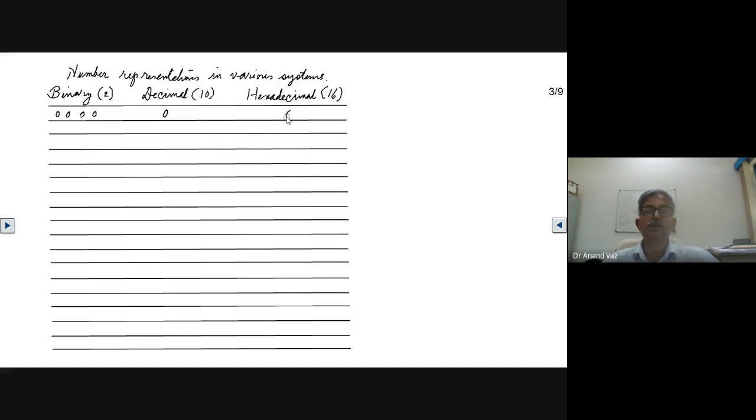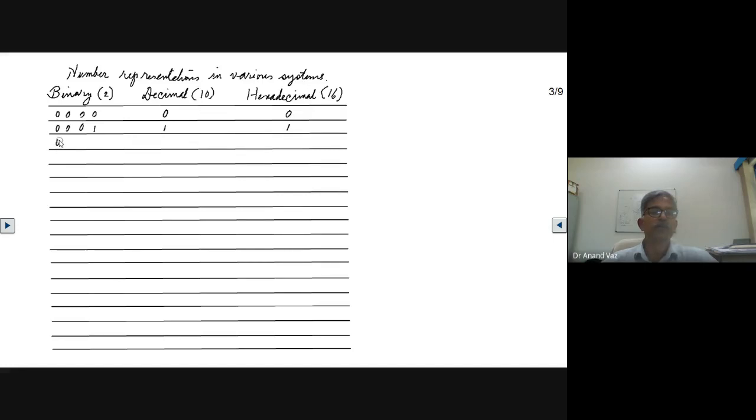Hexadecimal is also 0. Next, we'll increment by 1. So we'll get 0, 0, 0, 1. In the decimal system, it will represent 1. And in the hexadecimal also, it will be 1.